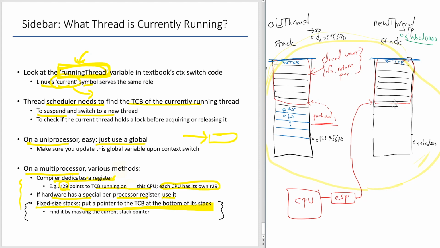Every time you want to grab the reference to the current TCB, you read the ESP value and mask off the bottom few bits. Usually the stack frames are aligned on page boundaries, at multiples of several kilobytes. By doing this, whatever ESP value you have, you obtain the base of the stack, and at the bottom you can find the pointer to the current TCB. Quite a clever trick.